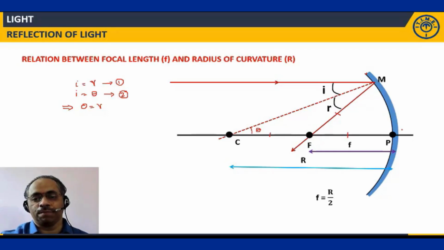When CF is equal to FP, and if I consider the total distance from C to P, it will be equal to double the distance of F to P. And F to P is nothing but the focal length f. And C to P is nothing but the radius of curvature R. That means R is equal to 2 times the focal length f. Focal length is equal to half of the radius of curvature.